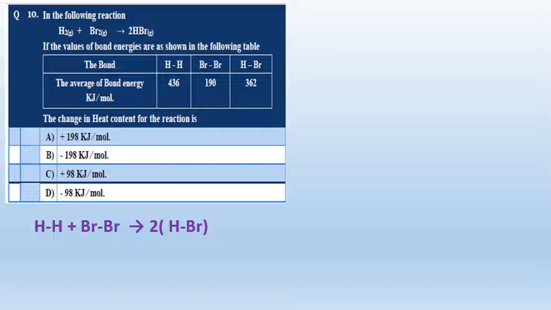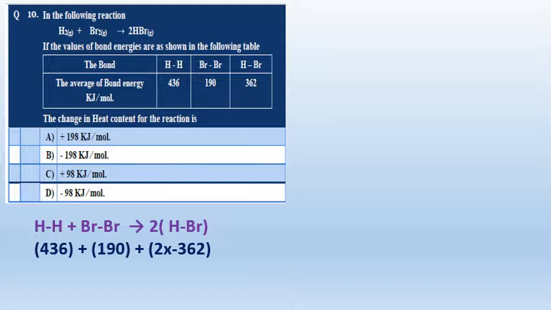When I calculate the bond energy, here I have 1 bond of H–H, so the value is 436, plus I have just 1 bond between Br and Br, so plus 190.